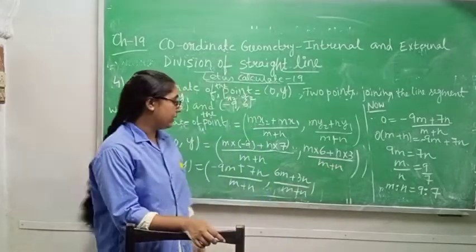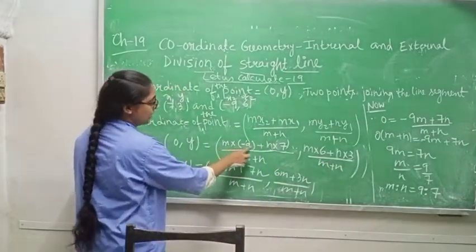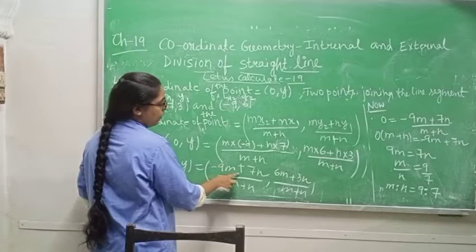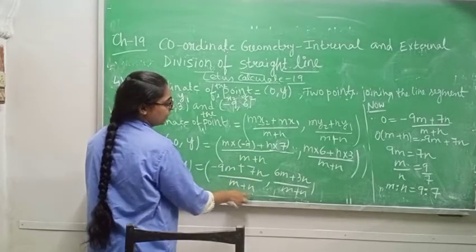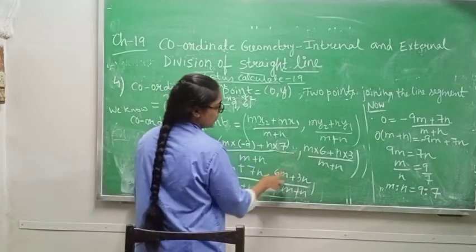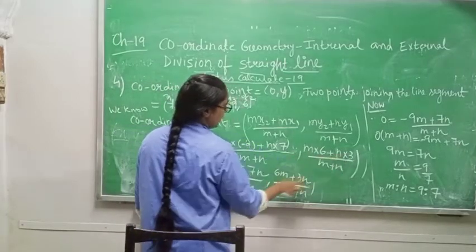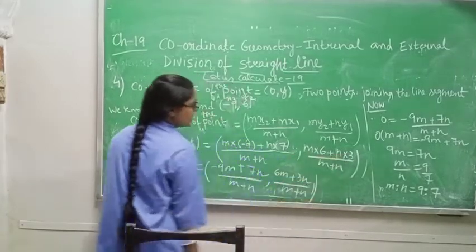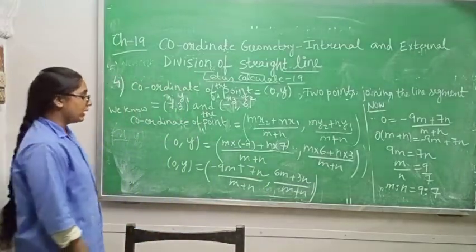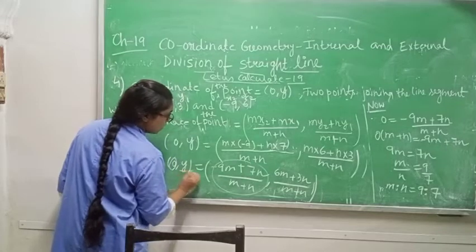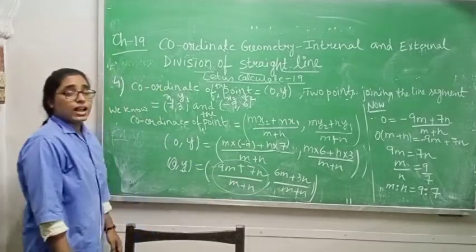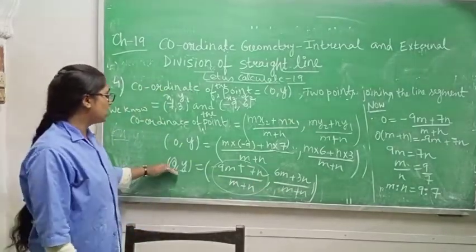Now m into minus 9 will give you minus 9m plus n into 7 is 7n, 7n by m plus n, comma 6 into m, 6m plus 3 into n, 3n by m plus n. Okay. Now you can either equalize this with this one, or you can equalize this with this one. But class 9, in this question, please equalize 0 with this.